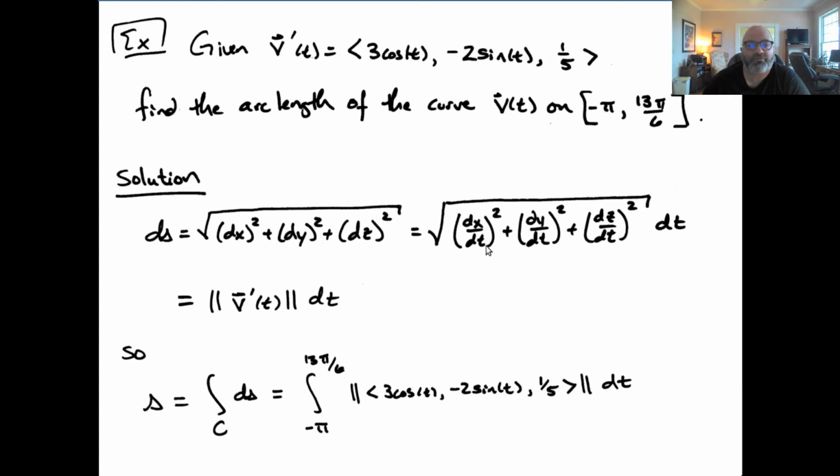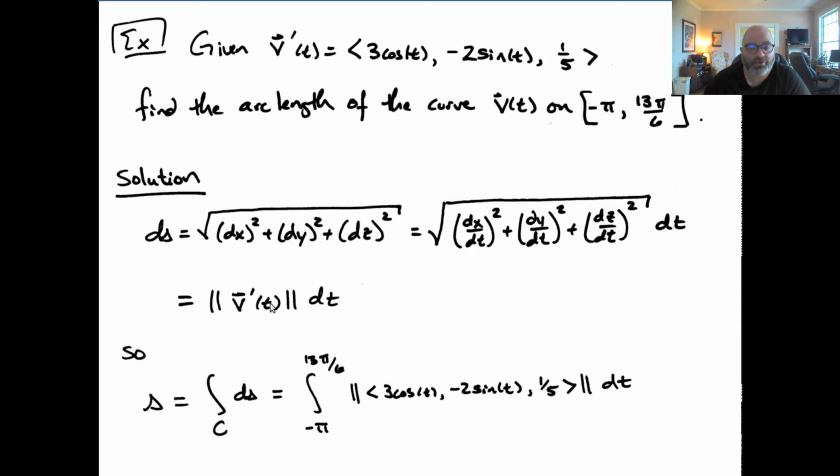If we look at this a little closer, dx dt, dy dt, and dz dt is really just the derivative of our curve, so this is nothing more than the length of the derivative vector for our curve. This simplifies to the norm of v prime dt.